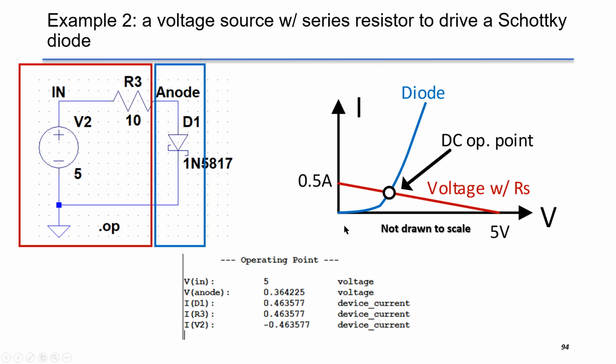This is going to be the solution for these two IV curves. You can see that in this case, because voltage V2 is providing power, the current from V2 is negative. If the current is positive, as in the previous example, that means this voltage source is dissipating power.